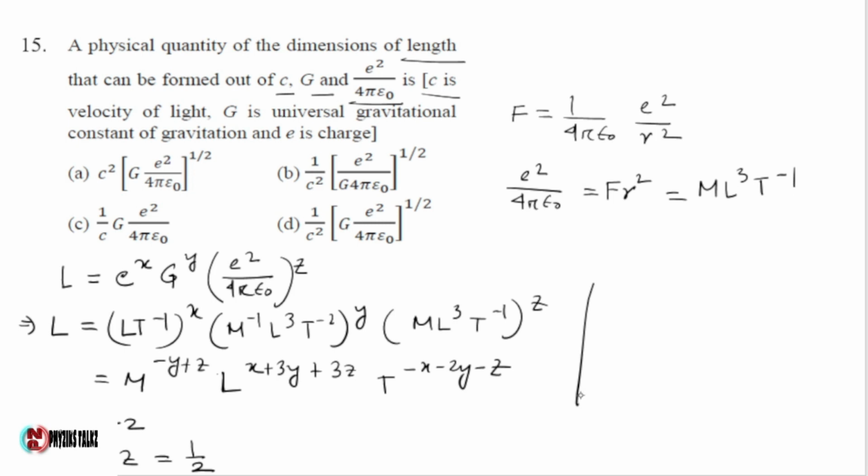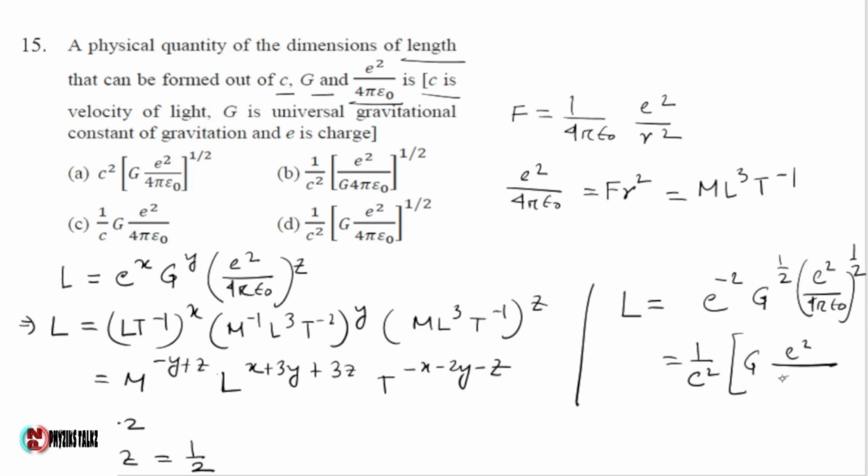So the relation of length and these quantities is L equals c to the power minus 2 and G to the power half, e squared by 4 pi epsilon naught to the power half, which gives 1 by c squared, G into e squared by 4 pi epsilon naught, whole to the power half. So the correct option is option D.